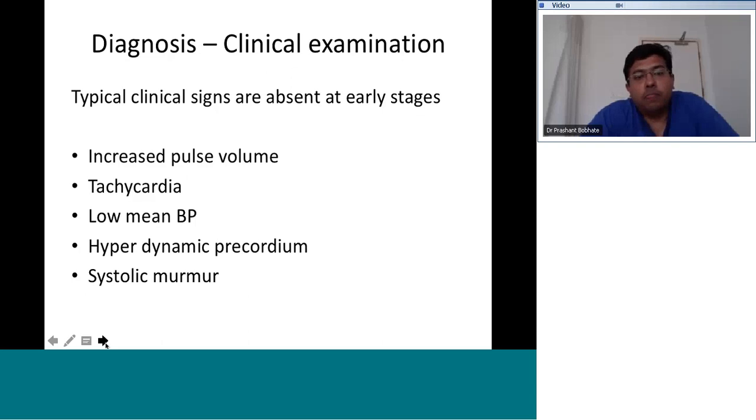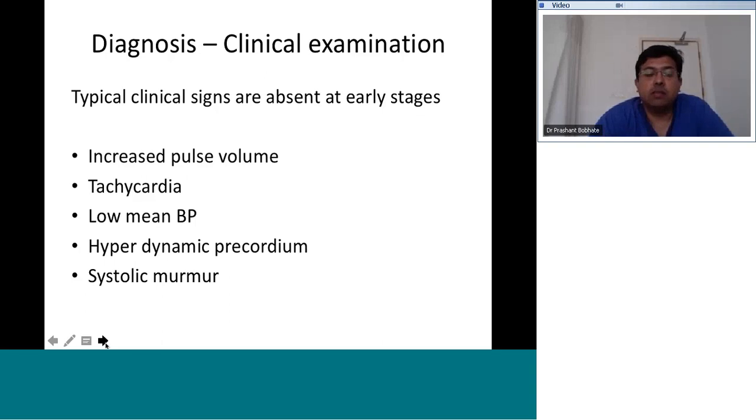So how do you diagnose that a preterm baby has a PDA? As we all know, the typical signs like a continuous murmur are not going to be present in a preterm baby. What is present is basically an increased pulse volume, tachycardia, a low mean BP, and a hyperdynamic precordium.